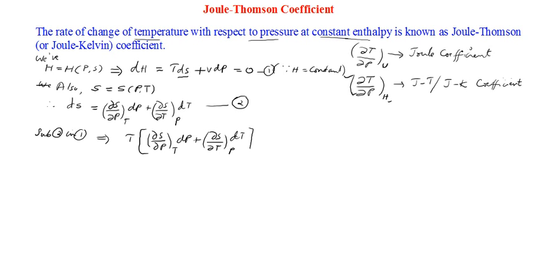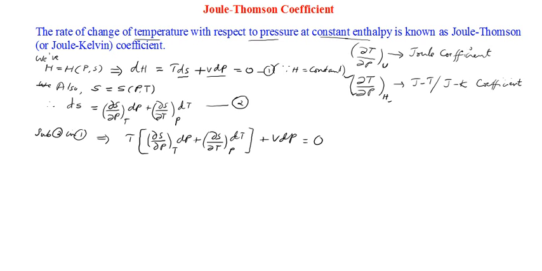Okay, so that is substituting for dS, plus VdP, that is from here, plus VdP, that's equal to 0, right? So that is my relationship.